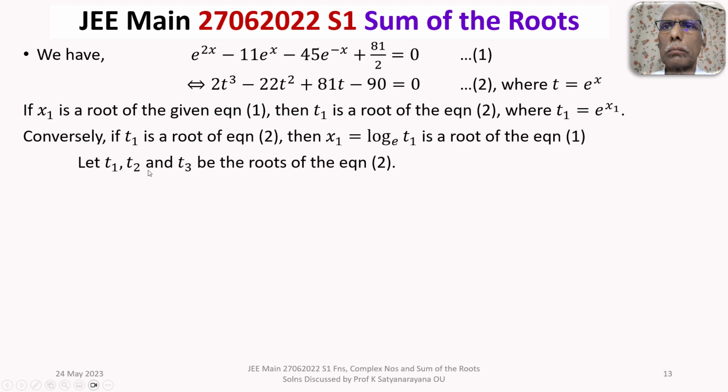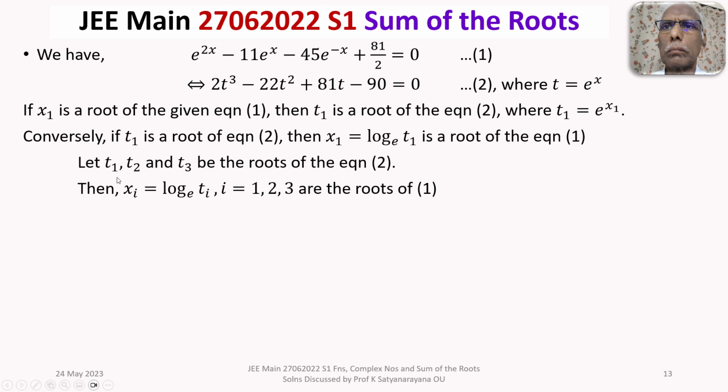So if you know T1, T2, T3 are the roots, then logarithm of T1 to the base e, logarithm of T2 to the base e, logarithm of T3 to the base e are the roots of 1. Let's call them x1, x2, x3. So xi is equal to log of ti to the base e, where i is equal to 1, 2, 3, are the roots of the equation 1.